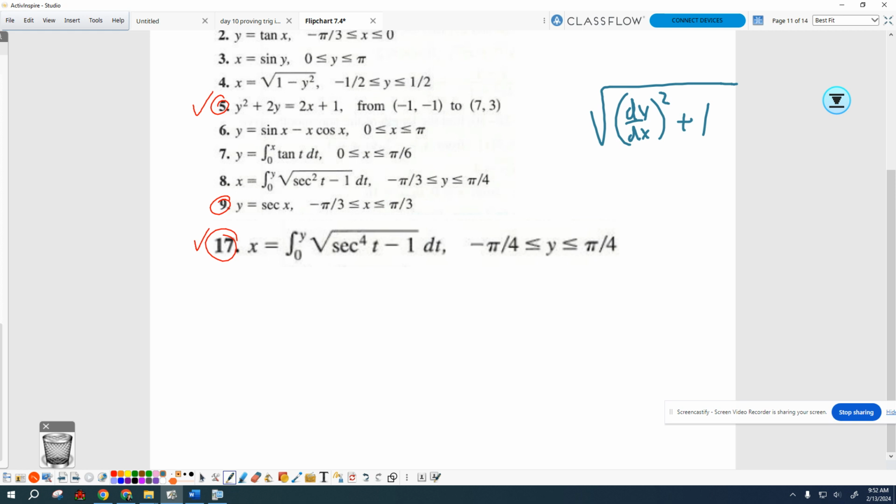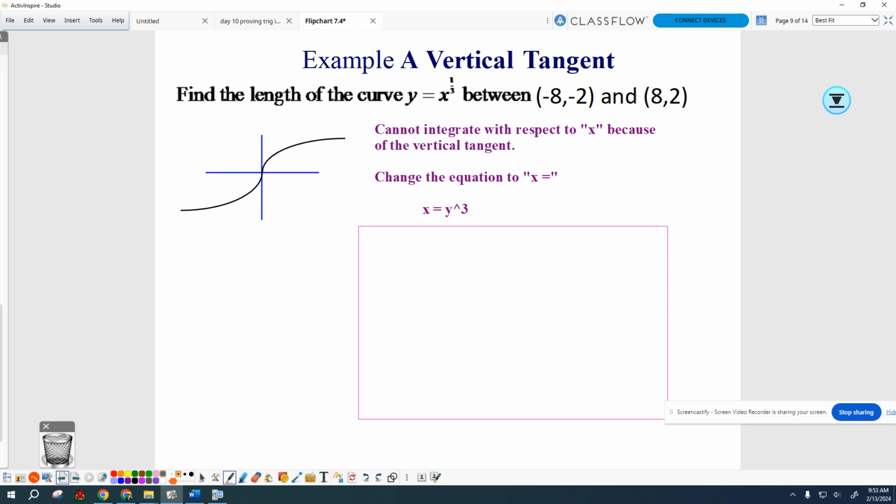What do you do again if you get undefined on the calculator? That's a problem. If the calculator says undefined, like in our example here, where we got dy dx equals 1 over 3 x to the 2/3, that derivative is undefined at x equals 0.